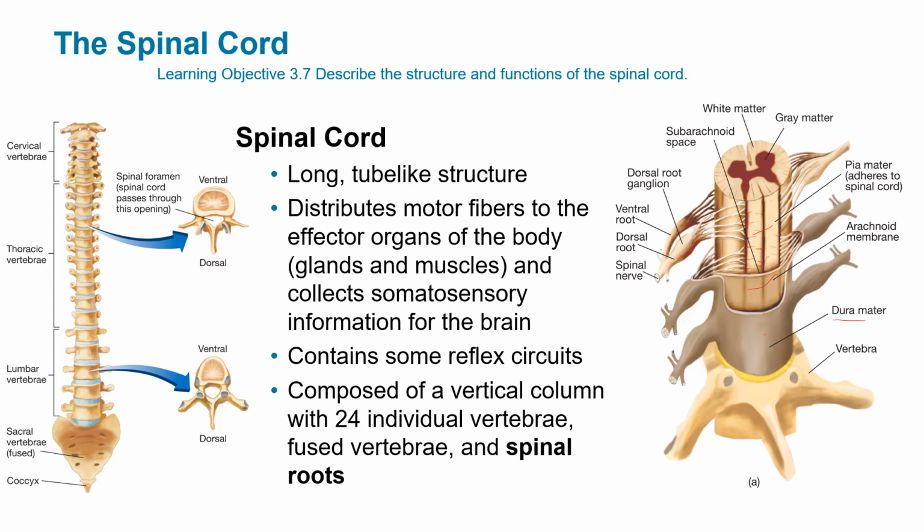From the top, you can see white matter and gray matter, as we'll talk about them later. And we'll even look at things like dorsal, ventral, and spinal nerves. So you've got the roots, the front and back roots, you've got the spinal nerves, you've got all of these coming off from the spine.